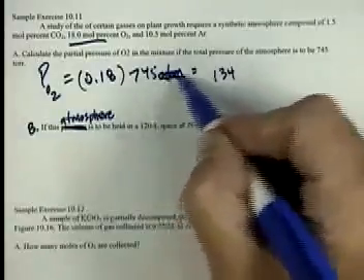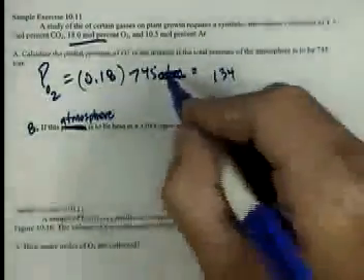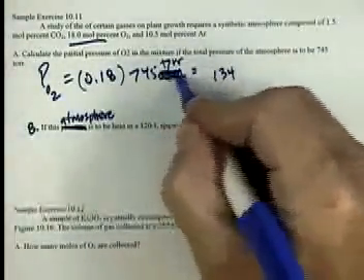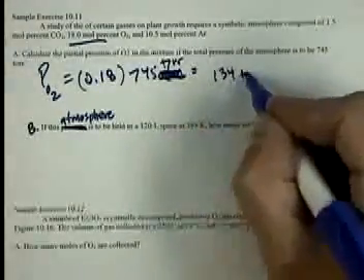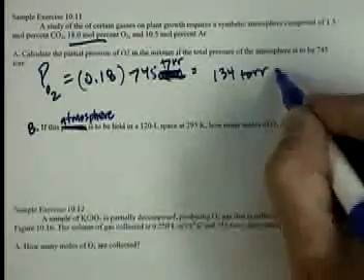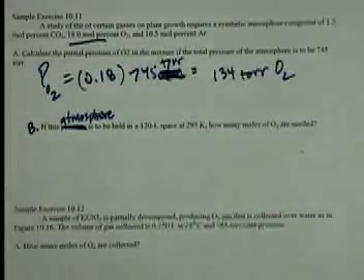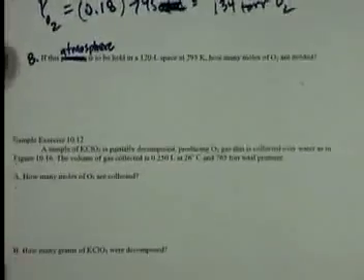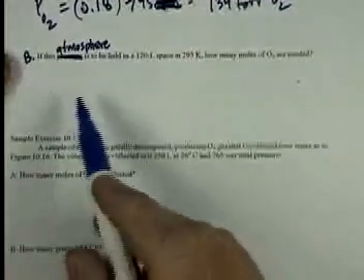I think I wrote this wrong. I think this is 745 torr. This should be torr, sorry. 745 torr. Multiply those two together, and 134 torr are the partial pressure of O2 inside of this atmosphere. Letter B, I think there's a typo in your handout, but you can just fix it.